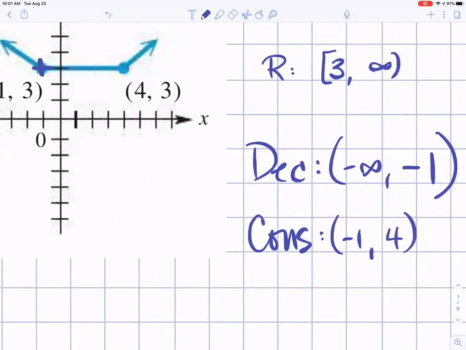Again, you'll notice I use round parentheses because I'm never going to use square brackets in increasing, decreasing, and constant. Here I am on my graph at 4, continuing to work left to right. What is my graph doing now? It's increasing. From 4 to, okay. Why did you use a positive infinity and not a negative infinity?